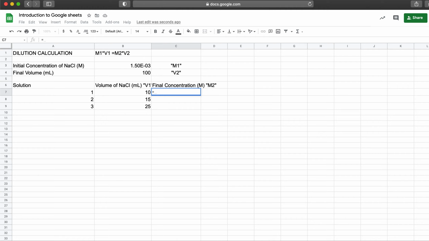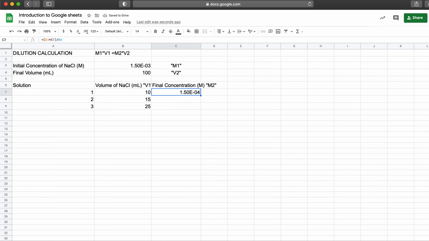So I'm going to do equal to, open parentheses, and so M2 is equal to M1 multiplied by V1 divided by V2, and I can hit enter.